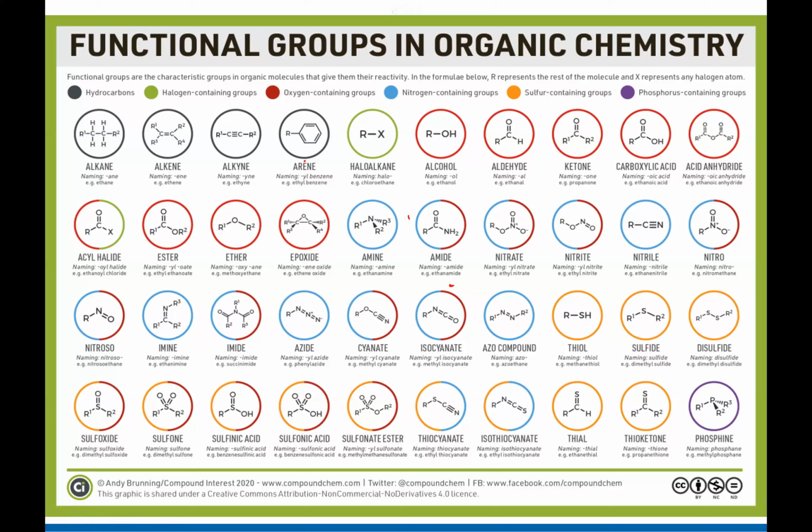So remember, organic compounds are made of hydrocarbons, so carbon and hydrogen. But on that compound, we can have what's called functional groups, or groups that kind of change how they behave. So there are alcohols and aldehydes and ketones and carboxylic acids and so many things.